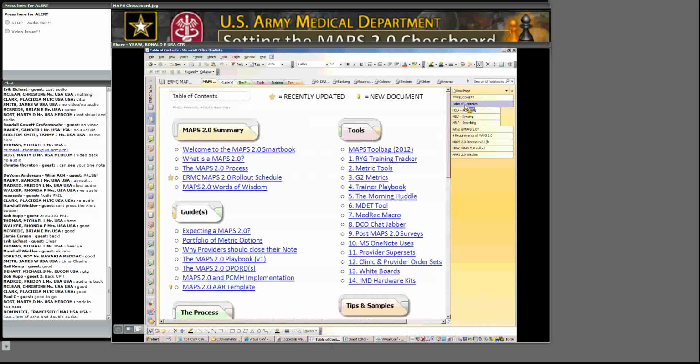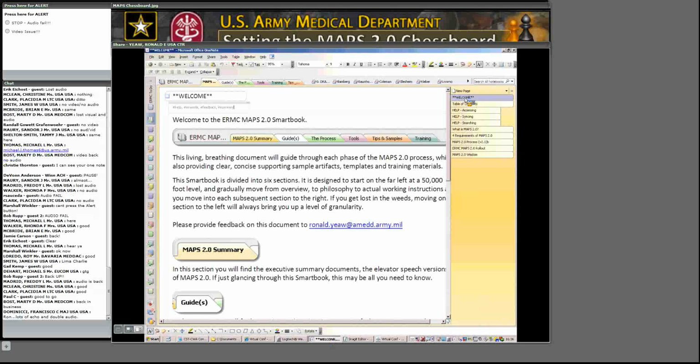The document's broken into 6 phases. And if we go back to the welcome screen, you'll see the purpose of each of these phases. It's designed to start at the 50,000-foot level at the far left, and it gradually moves from overview to philosophy to actual working instructions as I go from MAPS philosophy down to tips and tricks, which is the orange tab on the far right.